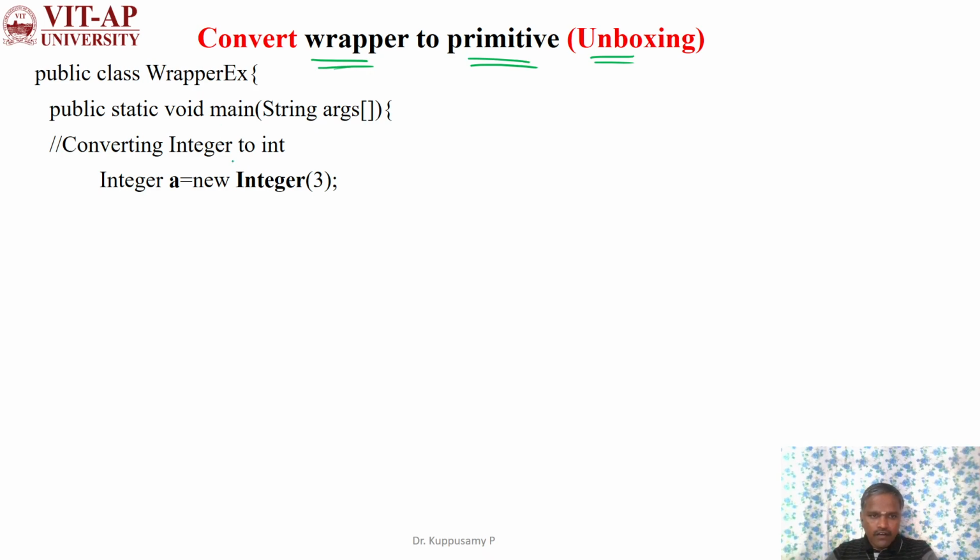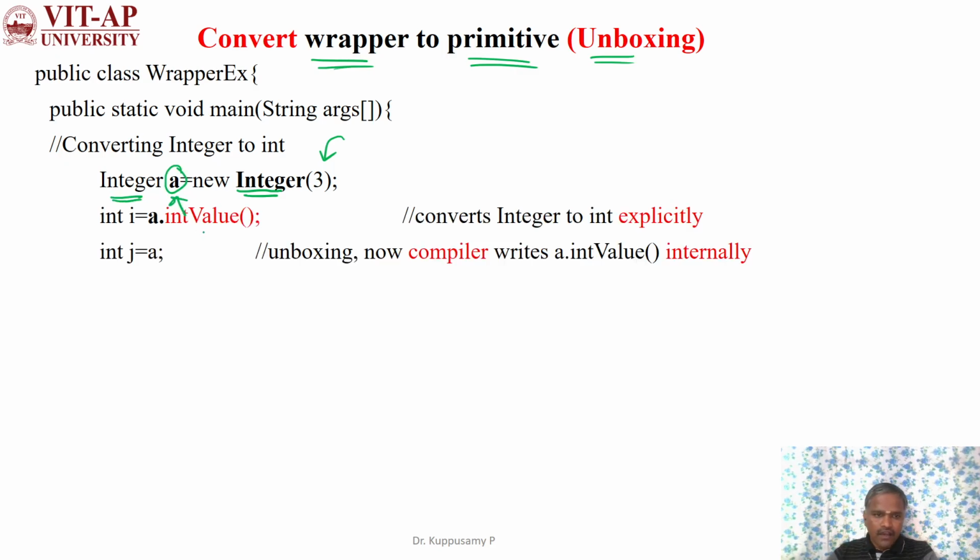So here we are giving an integer primitive data type value and converting it into a wrapper class Integer object. Now the unboxing: A is the object, the wrapper class Integer object. We convert it into a primitive data type value by using the method intValue, and the converted primitive value is stored in the primitive variable i.